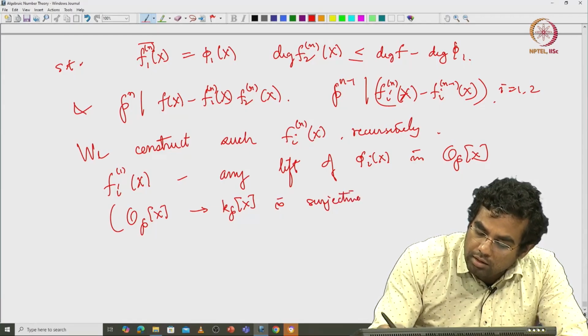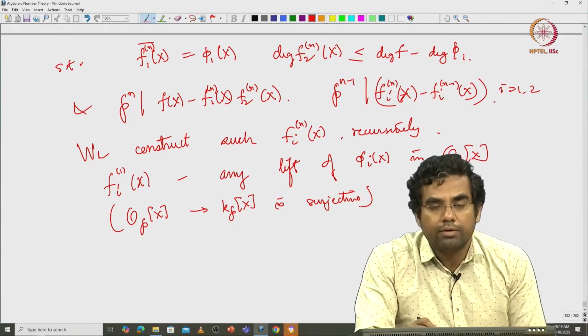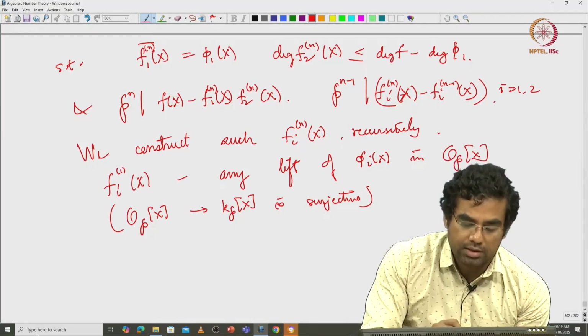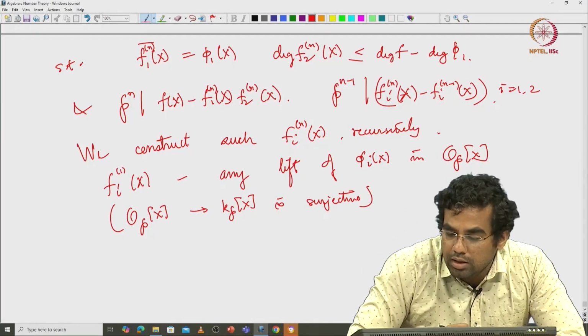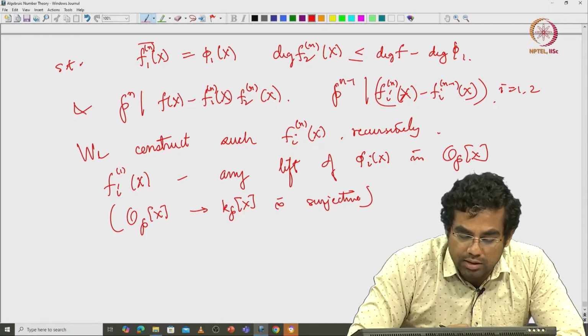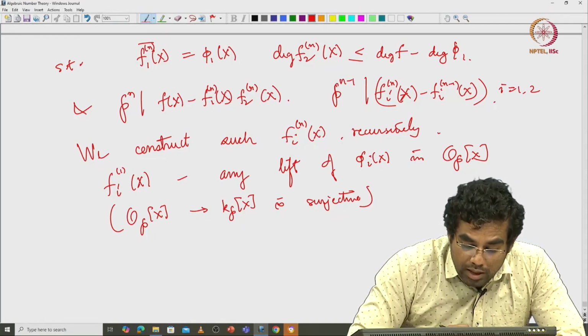So, I can always lift any element in Kp of x to an element in OP of x, and since I am only interested in divisibility mod p, I do not care about what lift I take.